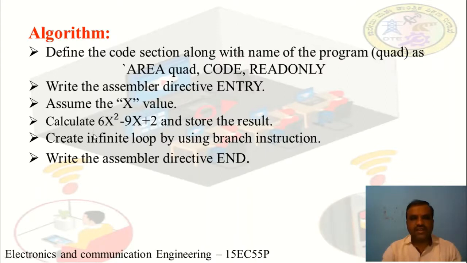After storing the result, you have to create an infinite loop by using the branch instruction. At the end, you have to write the end assembler directive. End assembler directive indicates that it is the end of the program.